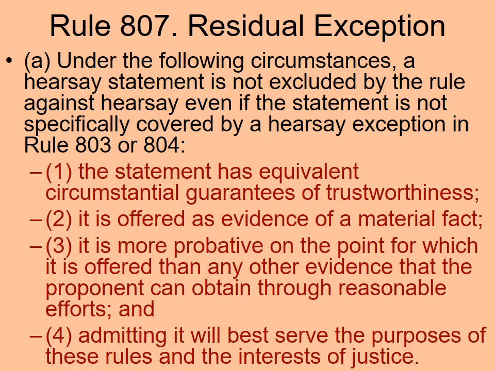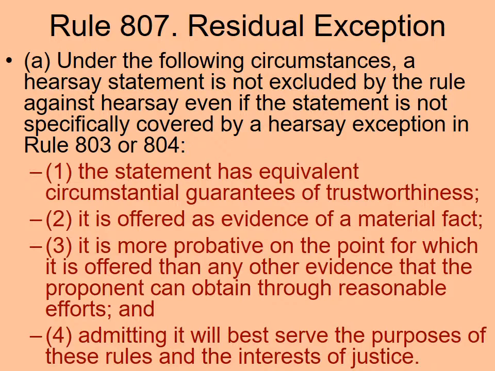So in the hypo, there really isn't any information given about the particular reliability of this inventory. We just know that it wasn't prepared for the litigation, and there aren't any available witnesses that could testify from memory about the inventory, so it's the best thing that can be offered in the case. So maybe if the proponent here could set forth additional reasons to support reliability, something beyond the basic, oh, it's almost 20 years old, and it's almost an ancient document, therefore it's close, so it gets in.